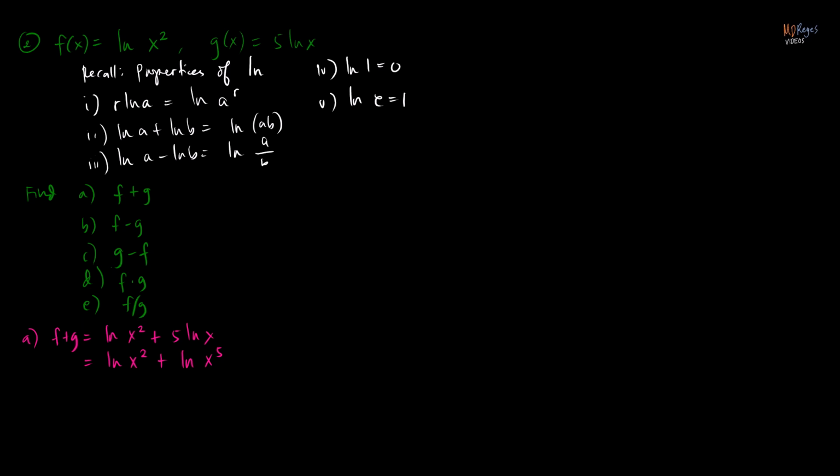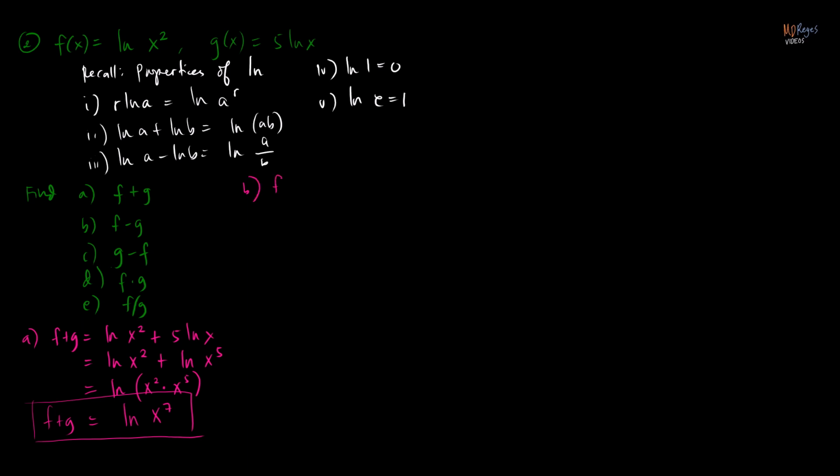So using the second property, ln of a plus ln of b, where a here is x squared and b is x to the fifth, can be written as ln of a times b. So that would be x squared times x to the fifth, which gives us x to the seventh. So this is f plus g.